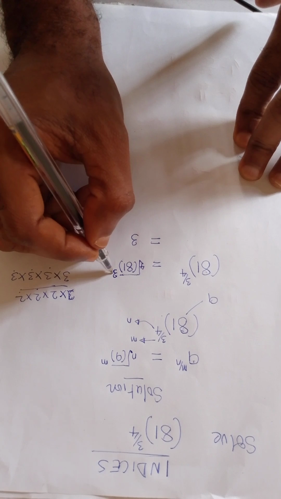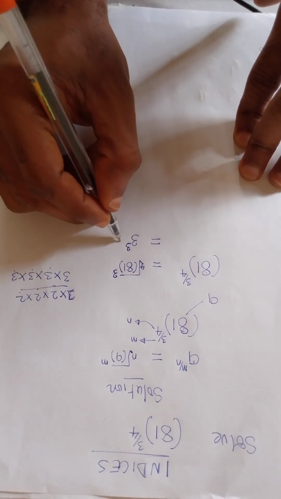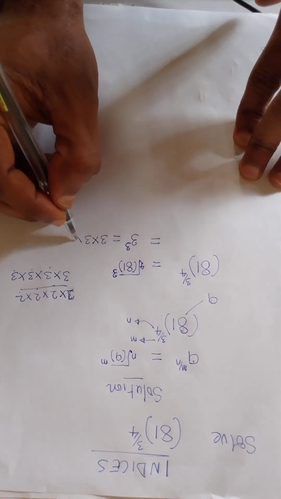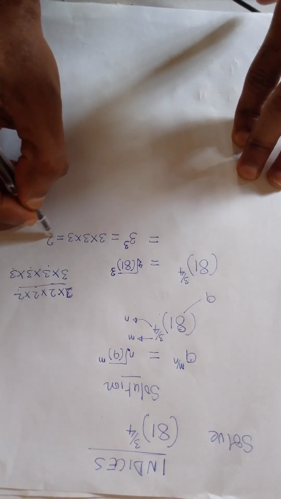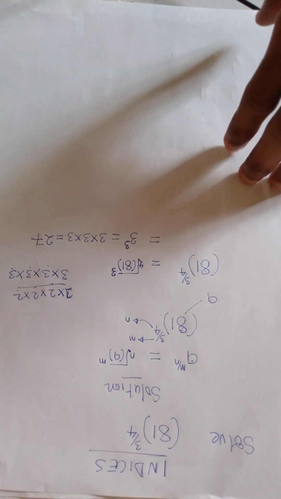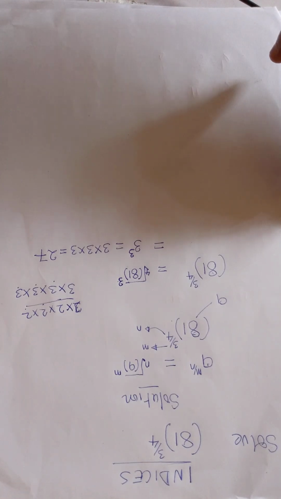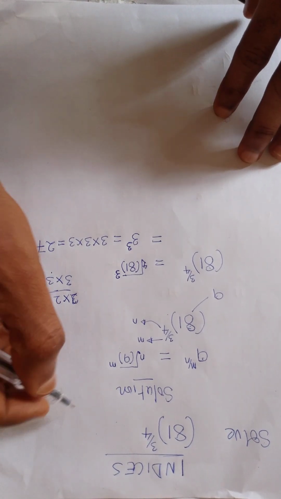But it's raised to the power of 3, so we have 3 raised to power 3. And we know that 3 raised to power 3 is the same thing as 3 times 3 times 3, which is equal to 27. So viewers, this is how to solve this kind of question in indices using the fractional index law.